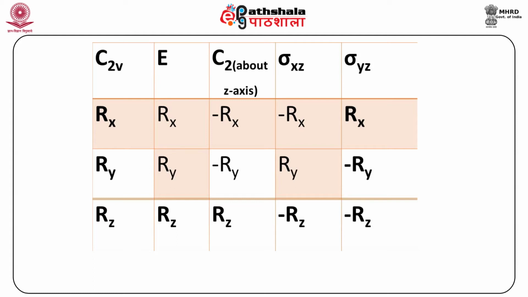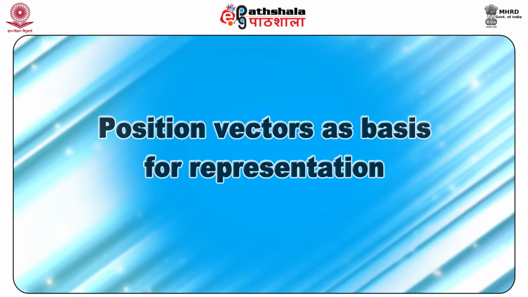For C2 about the Z axis, Rx goes to minus Rx, Ry goes to minus Ry, and Rz remains the same. For sigma xz, minus Rx is obtained, Ry is the same, and minus Rz. For sigma yz, Rx, minus Ry, minus Rz. This table summarizes the effect.